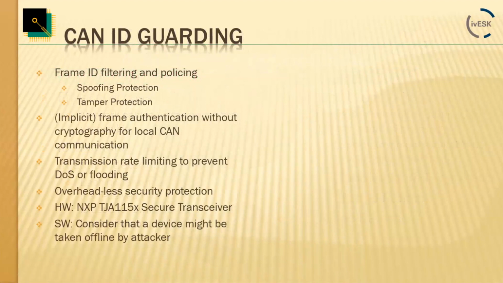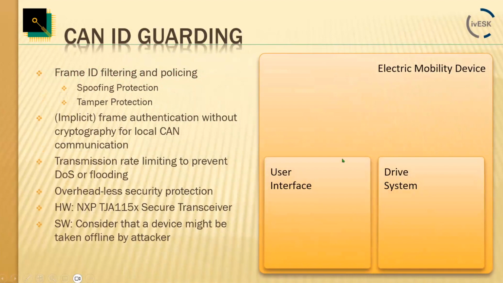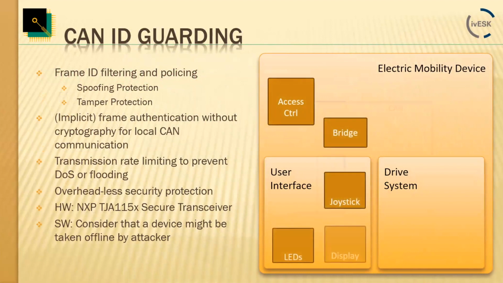What can we achieve with that? It really offers spoofing and tamper protection, because if all nodes on a network monitor the system for all injections, and each node knows the CAN IDs that it uses for transmission itself, then with such a method we could completely protect a system.